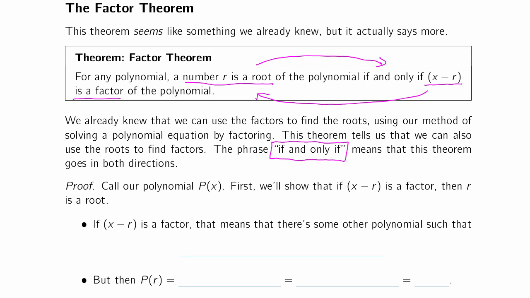When we go to prove this theorem, we have to prove it in two directions. When we say directions, we mean this way and also this way. We're going to start by proving that if we have a factor, that gives us a root.